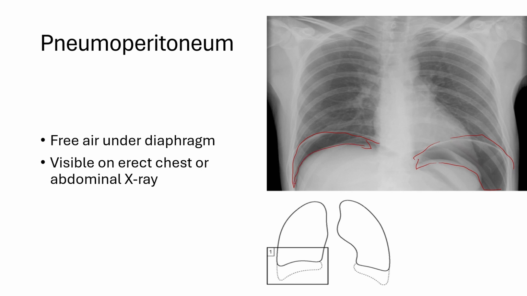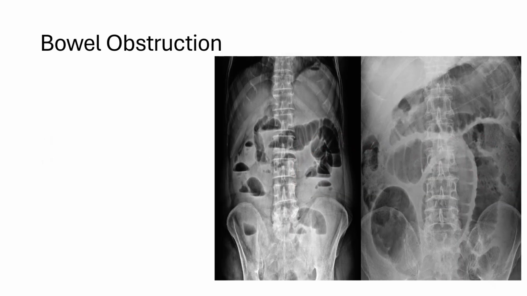Another emergency condition is bowel obstruction. It can occur due to adhesion, hernia, tumor, or volvulus. On abdominal X-ray, what we see in erect position is multiple air fluid levels, whereas in supine position we can see multiple dilated bowel loops, as we can see in these images.